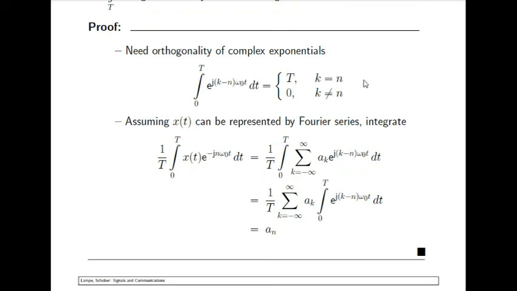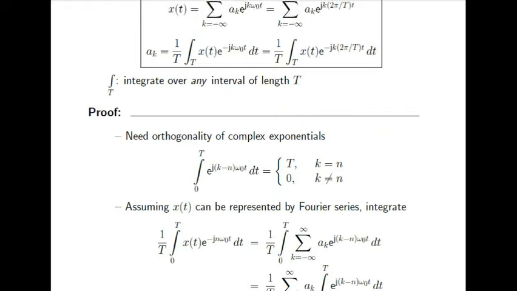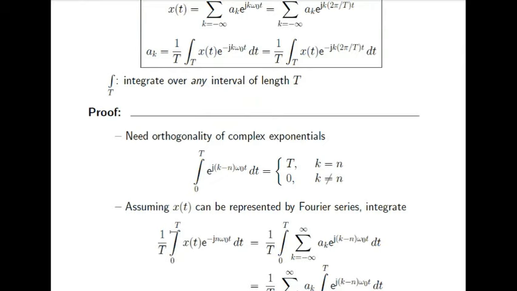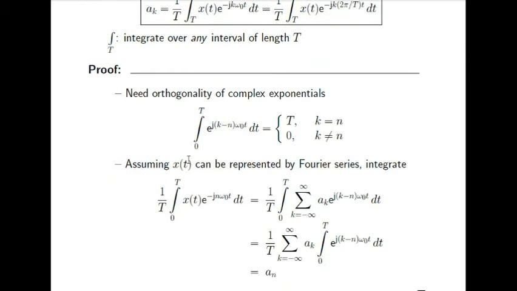For orthogonality we require the term a_k to equal 1 or say a_n, which we will see later. In this you can see that the integral will be either T or 0, depending on the value of k.